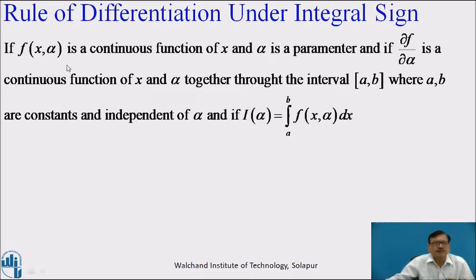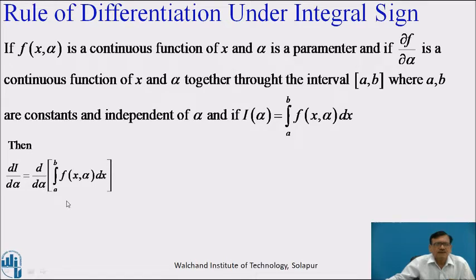If f(x, alpha) is a continuous function of x and alpha is a parameter, and if del f by del alpha, that is the partial derivative of f with respect to alpha, is a continuous function of x and alpha together throughout the closed interval [a, b], where a and b are constants and independent of alpha, and if I(alpha) is equal to the integration from a to b of f(x, alpha) dx, then dI by d alpha is equal to d by d alpha of the integration from a to b of f(x, alpha) dx.